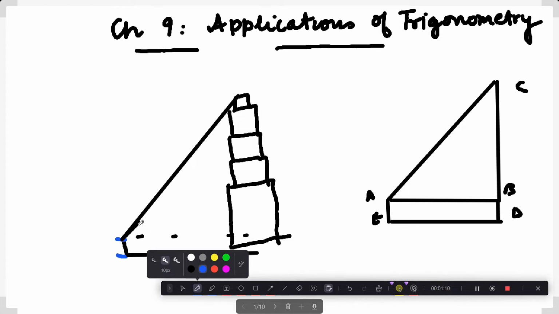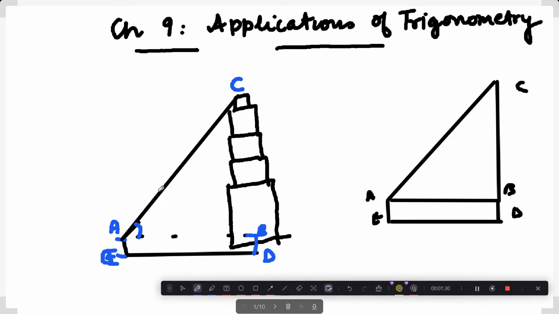Supposing this is the height of the person, the corresponding points are these, and this is C. So the line AC is drawn from the eye of the person standing there to the top of the tower. This is known as line of sight.